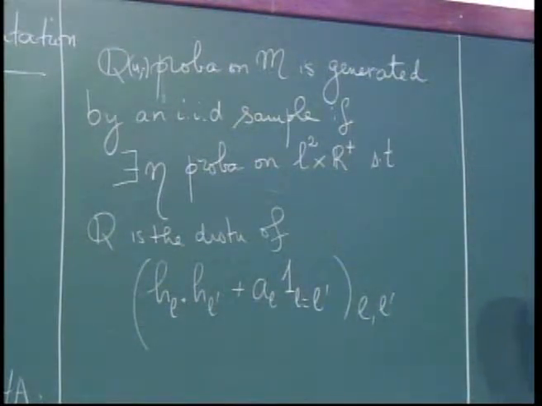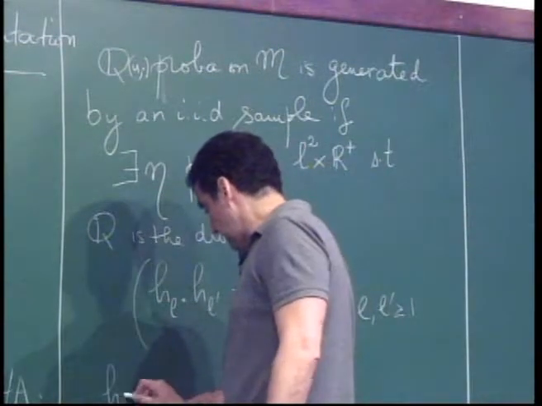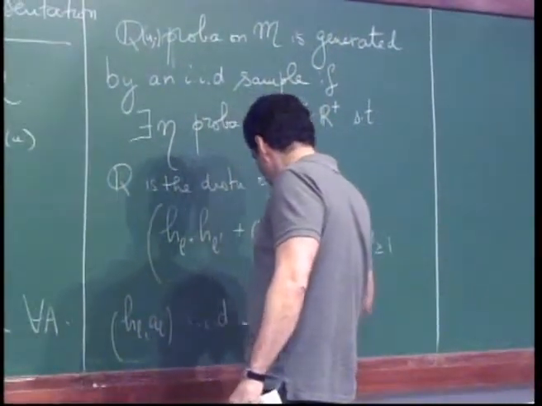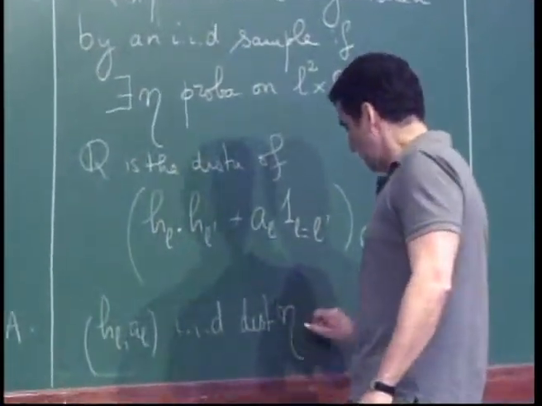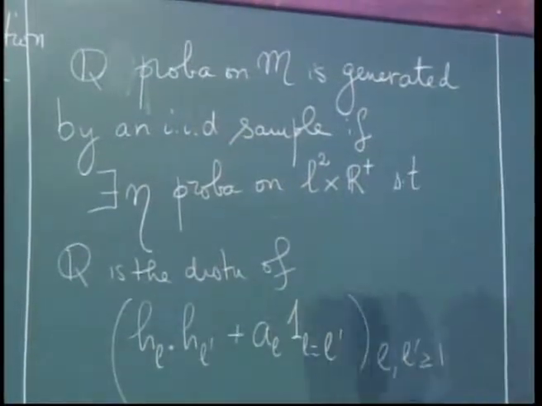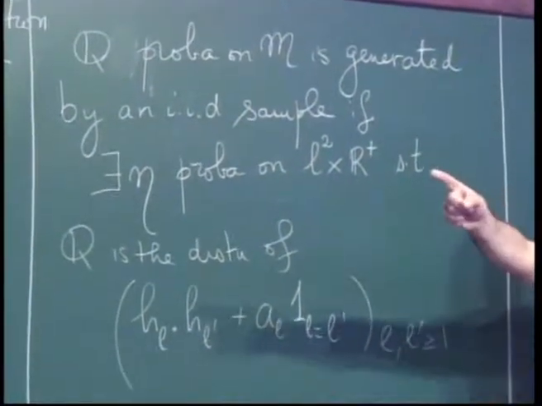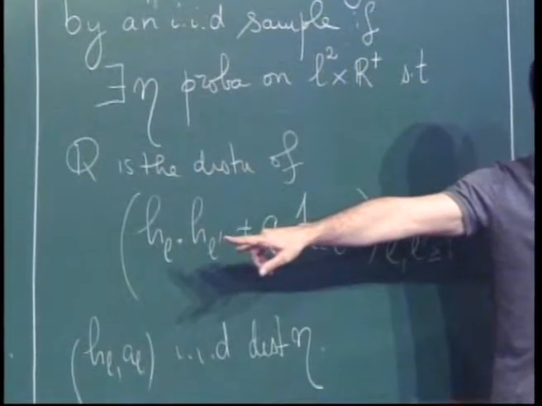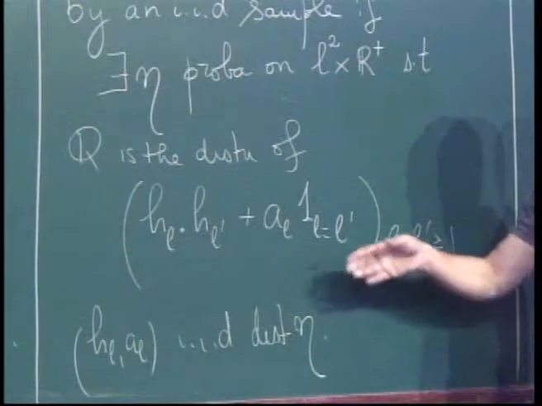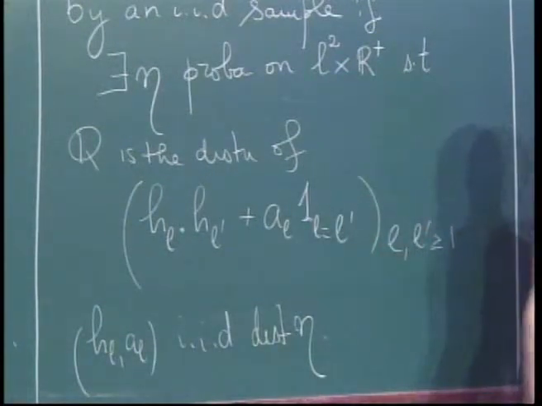Here HL and AL are IID with distribution eta. All right, so you see it's very similar to what we had over there, the inner product, but with a twist: I change what's happening on the diagonal. I add IID stuff on the diagonal. So it's a more general object.